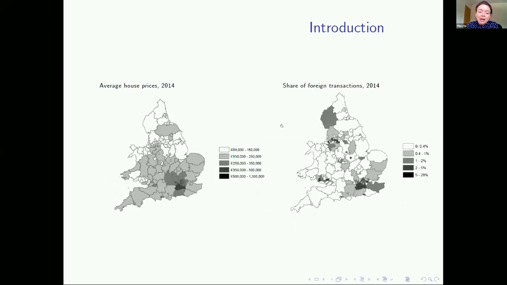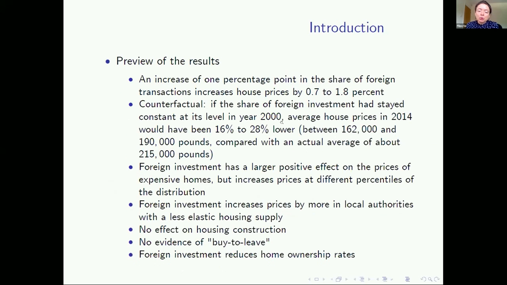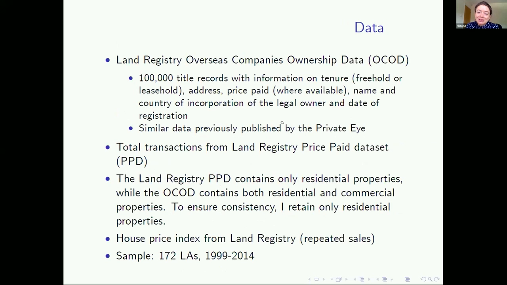The reason why I basically threw away the commercial properties is because I wanted to scale things by total transactions, and the price paid data set only has residential properties. So I ended up just focusing on residential properties for the paper, but it would be interesting to see what happens in the commercial market.